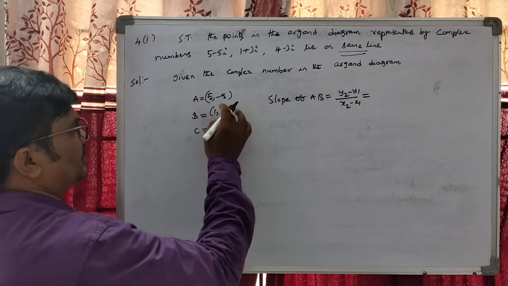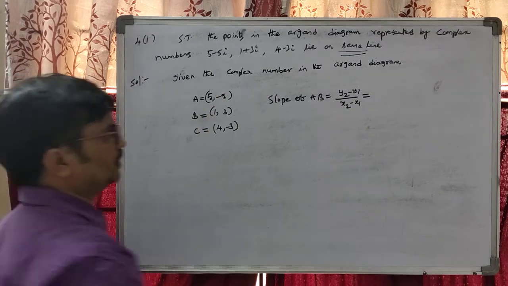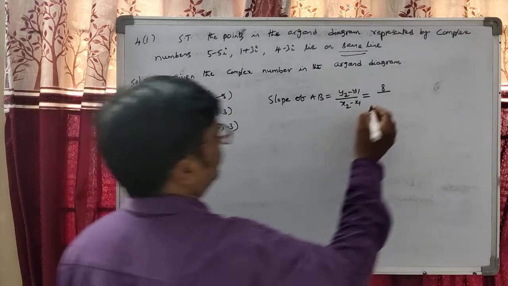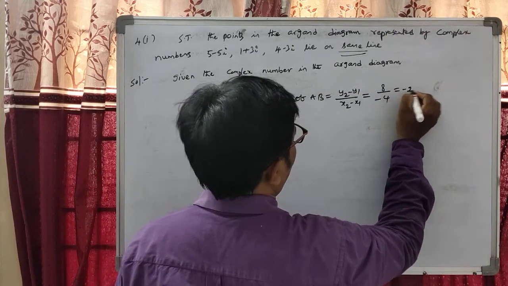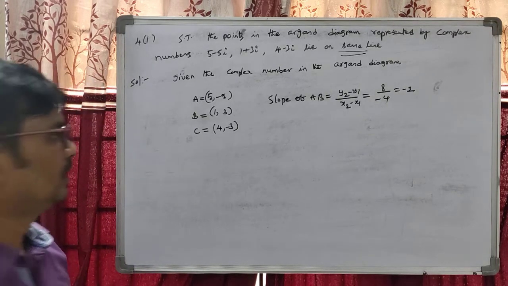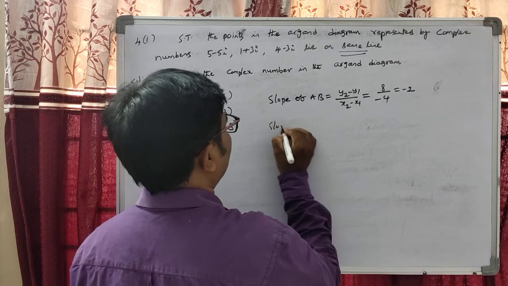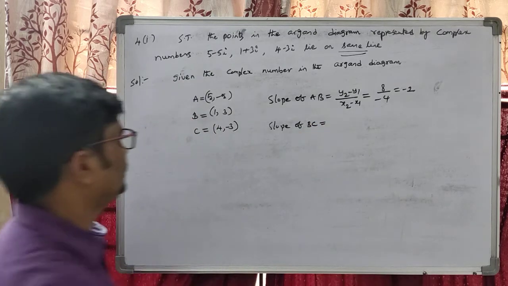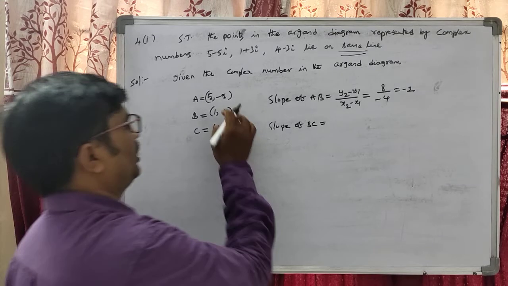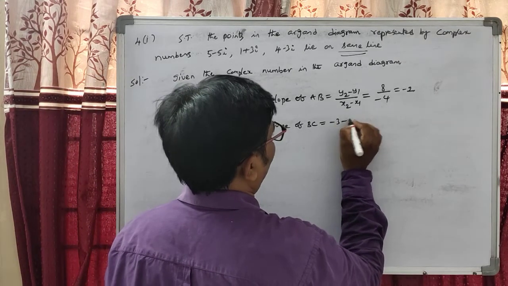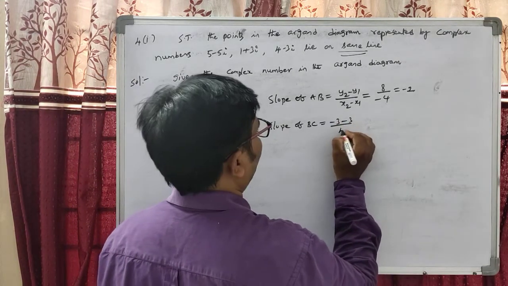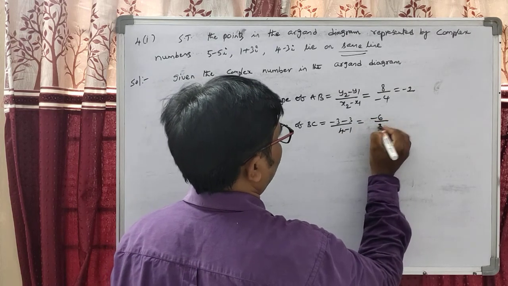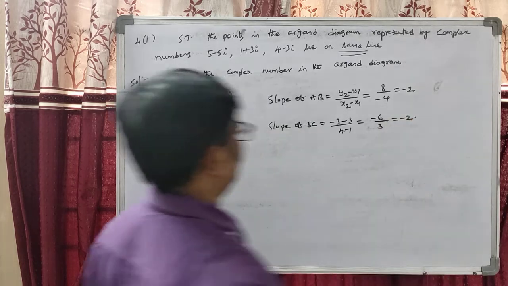That is (3 − (−5))/(1 − 5), which is 3 plus 5 is 8 upon 1 minus 5 is minus 4. This is minus 2. Now the slope of BC equals (−3 − 3)/(4 − 1), which is minus 6 by 3. This is minus 2.